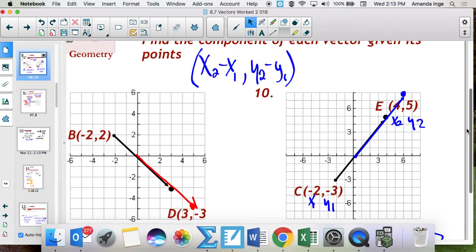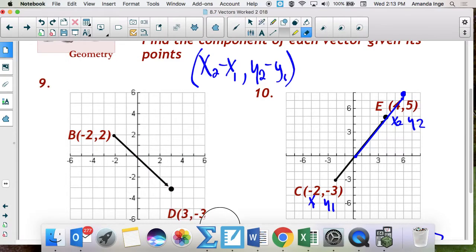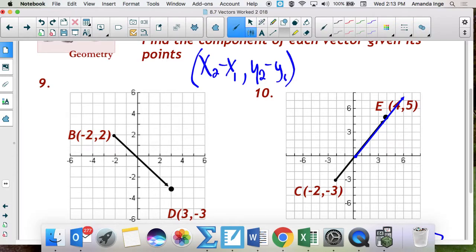I don't think so. Alright, so once again, they're not in component form. In component form, the beginning point would be at the origin, and in this case it's not.